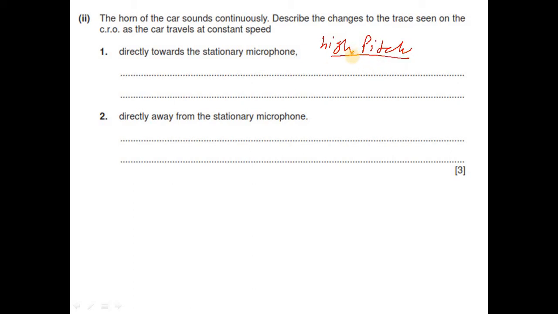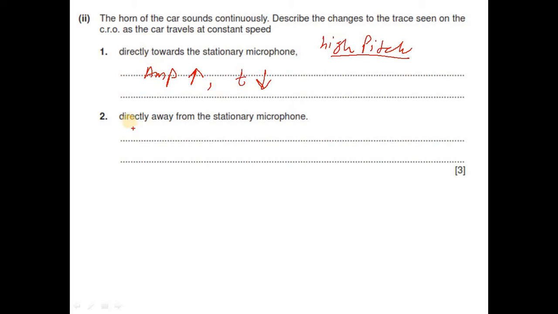So the pitch would be high, frequency will be higher, and that means the amplitude would be higher. You must write higher, in a less time period. So time would be less.